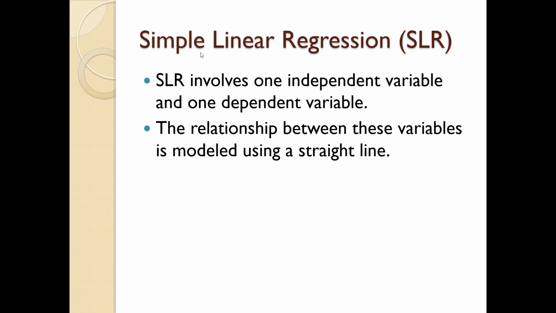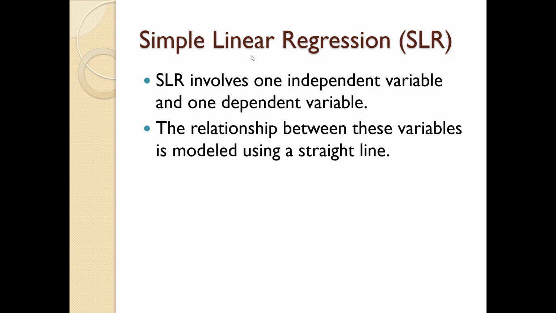Okay. So the other key thing that we need to keep in mind is, we still have that one independent variable, one dependent variable, but this is a linear relationship. So it is linear regression, so that relationship from one to the other has to be a linear relationship.